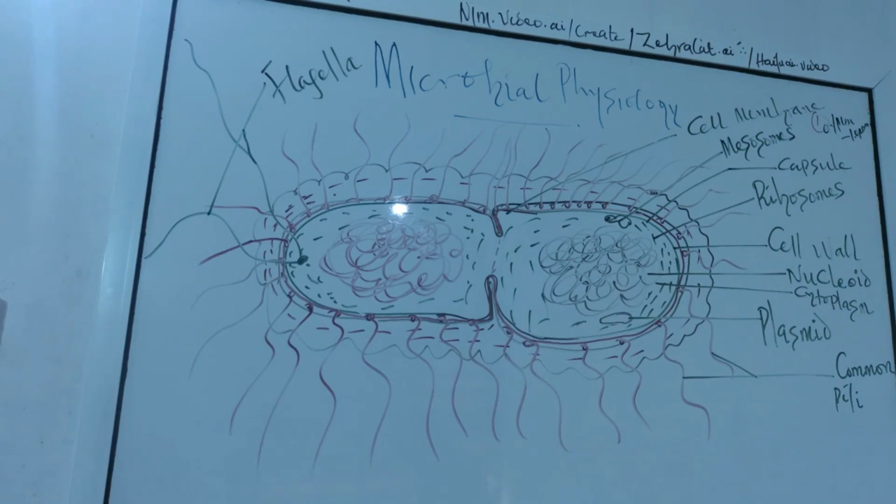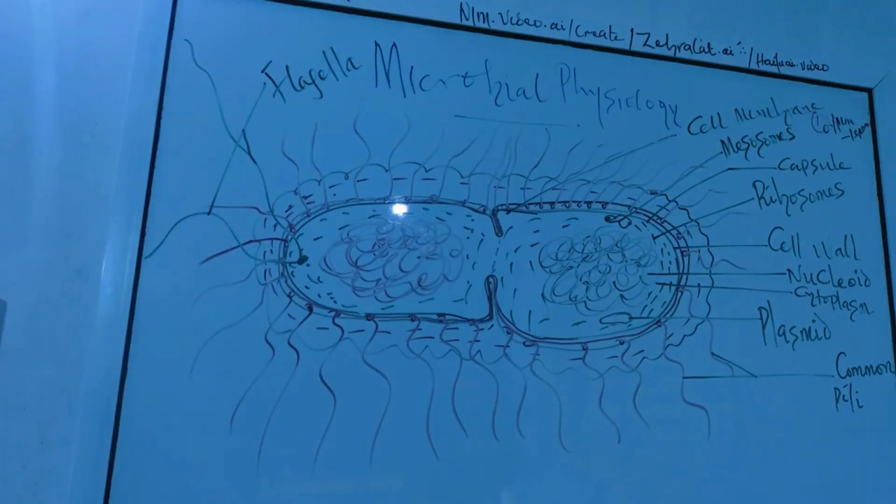Now, a typical bacterial cell that we see today is a replica of what they have been in the past. We are talking about 10 different structures of a typical dividing bacterial cell.